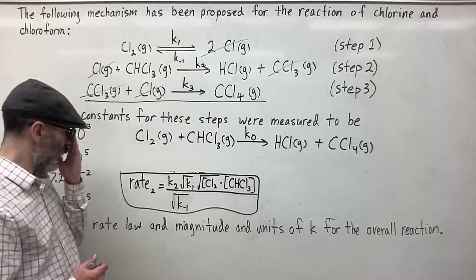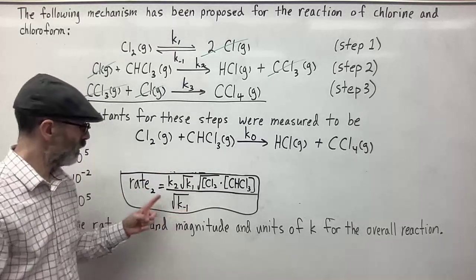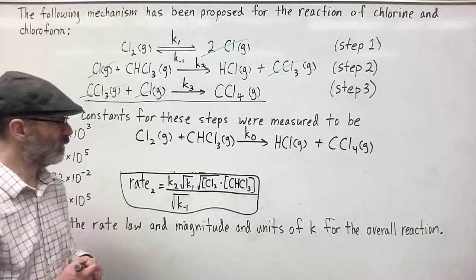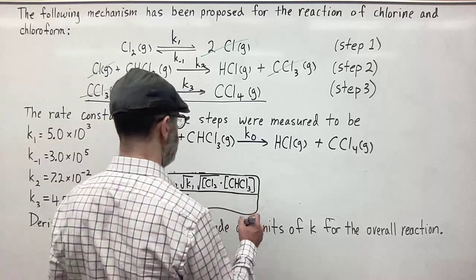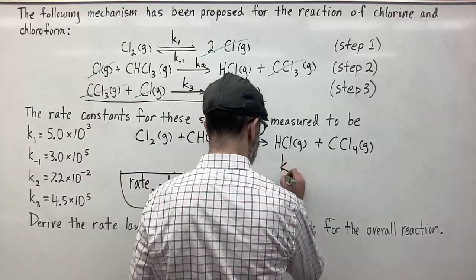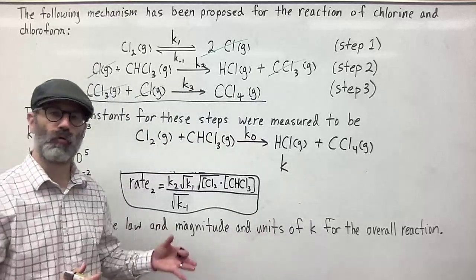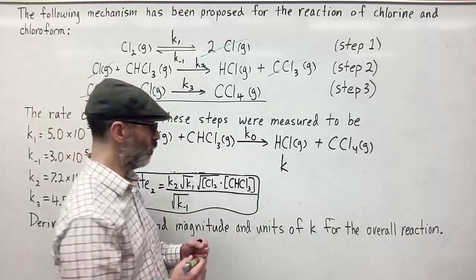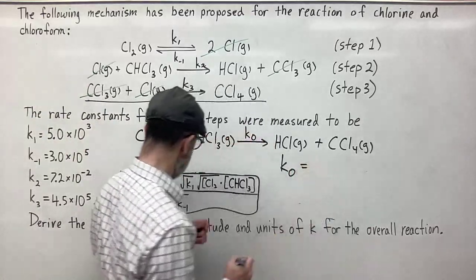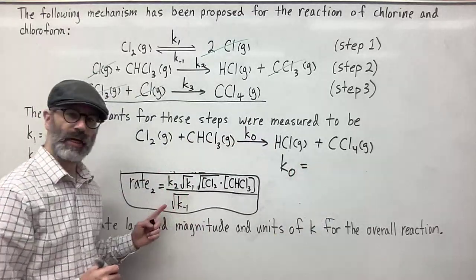So this here is all together the rate constant for the overall reaction. So let's go ahead and write that over here. We'll call the rate constant for the overall reaction KO, O for overall. And that's going to be equal to these rate constants here.